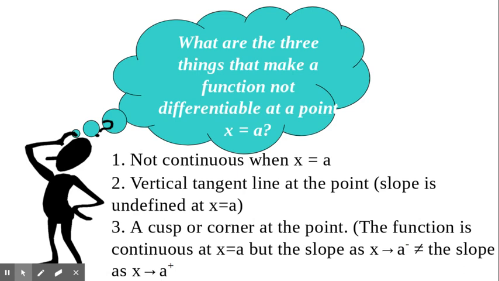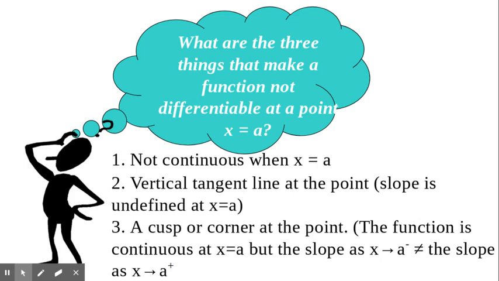The third case is a cusp or a corner at the point. And these are informal terms, cusp or corner. It's not something we would say in an explanation. We'd have to actually prove this, but a cusp or a corner is formed when the function's continuous at a value, x equals a, but the slope as x approaches a from the left does not equal the slope as x approaches a from the right.